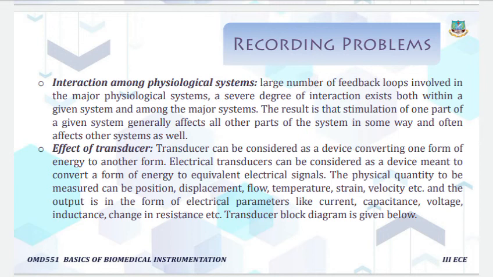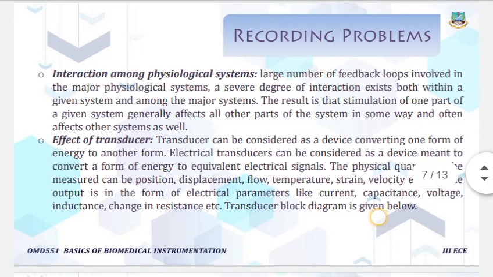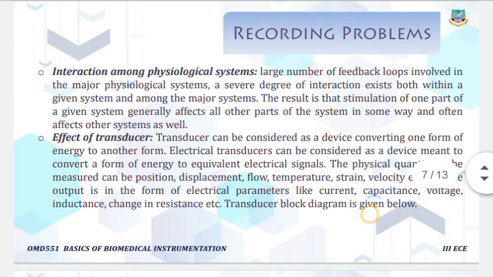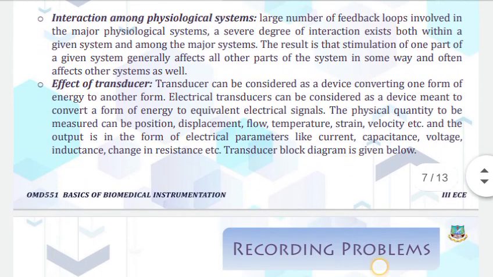The physical quantity to be measured can be position, displacement, flow, temperature, strain, velocity, etc. And the output is in the form of electrical parameters like current, capacitance, voltage, inductance, change in resistance, etc. When we connect this transducer to the body, there will be some variation in the signals, which comes under recording problems.